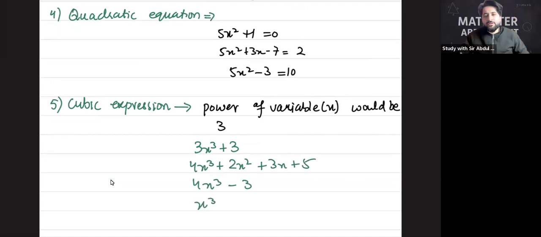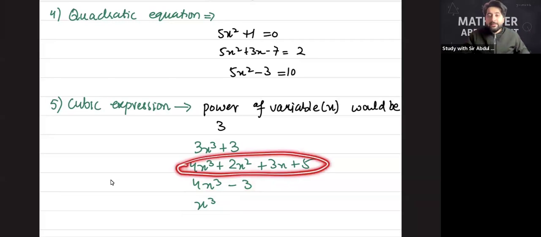All of them are technically cubic expressions. What you can say is that I do have a quadratic expression inside the cubic. So in a cubic expression, you will be having a quadratic. In a quadratic expression, you will be having a linear. And in a cubic expression, you will be having a quadratic and a linear, and you might not be having these two. Because in the last one, you have only cubic, no linear. In this one, you have only cubic, and in this one, you have cubic, quadratic, and linear all at the same time.